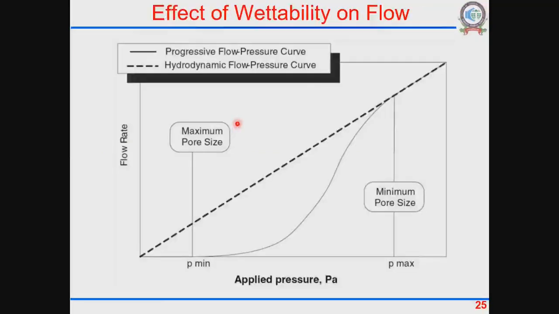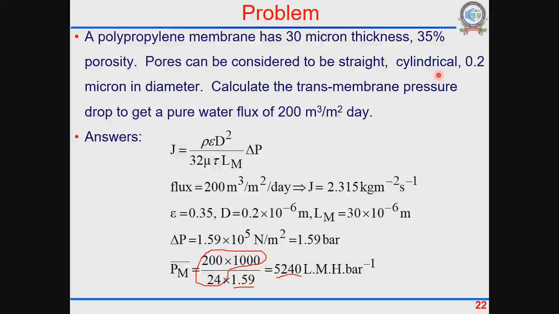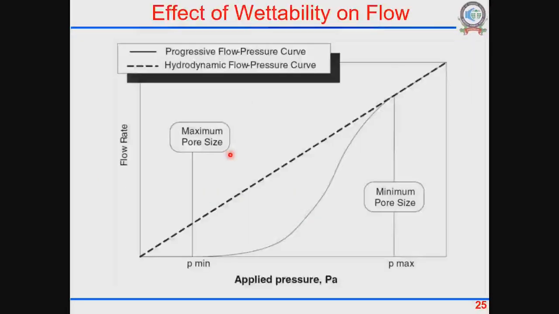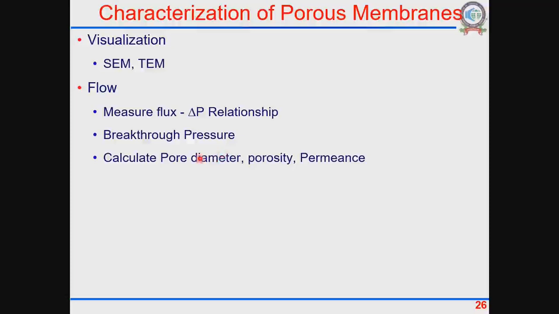We will be able to get the breakthrough pressure, the maximum pore size. The slope here will tell us the minimum pore size. There are various ways in which we can calculate the pore size, such as mercury porosimetry. Again, it depends on breakthrough pressure. Let's not get into that just now.